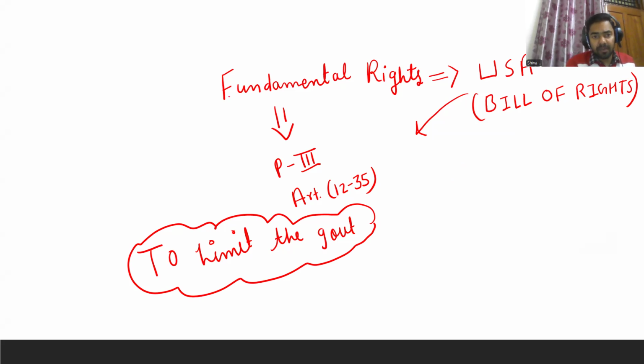That's why they are fundamental in nature. Fundamental in nature means they are very, very important. They are very basic rights for the overall development of the citizen or the personality of the citizen. So there should be overall development.